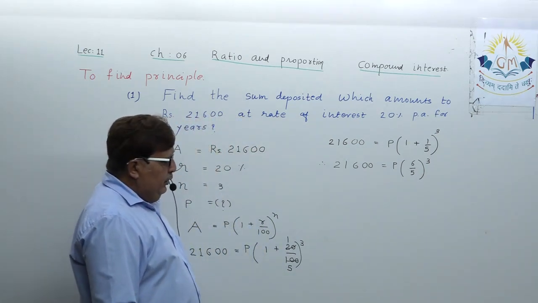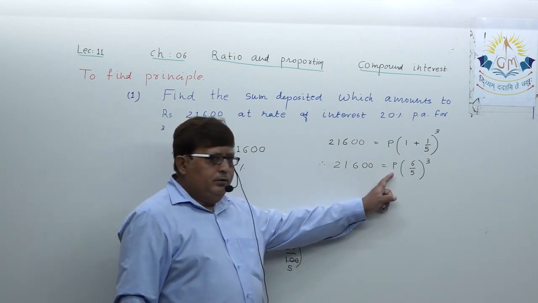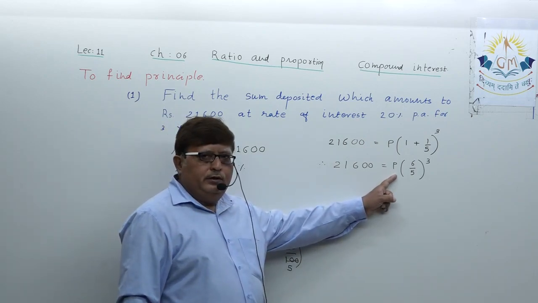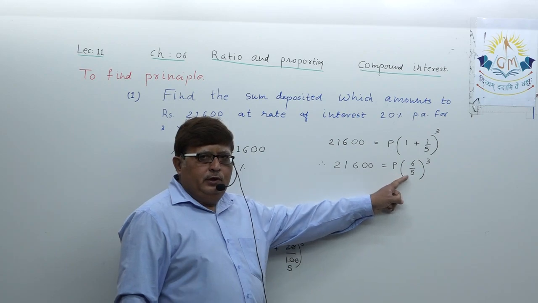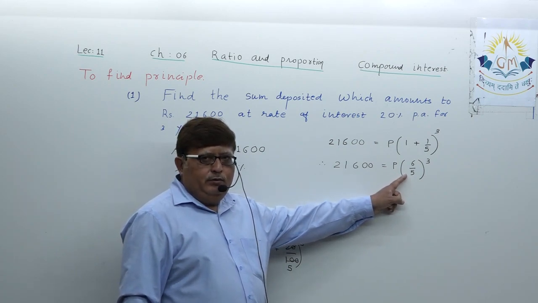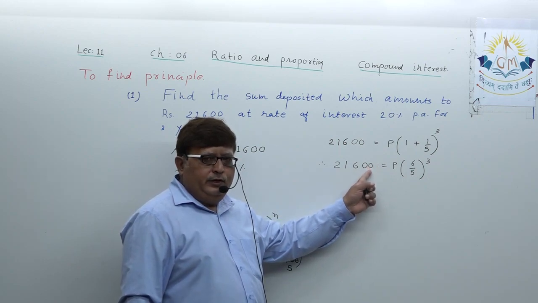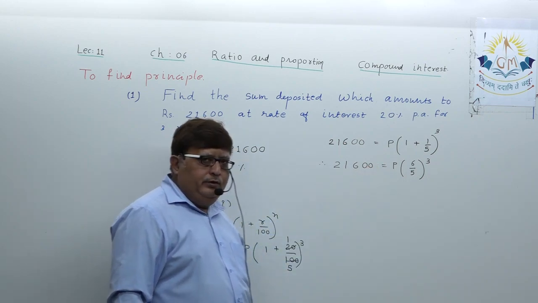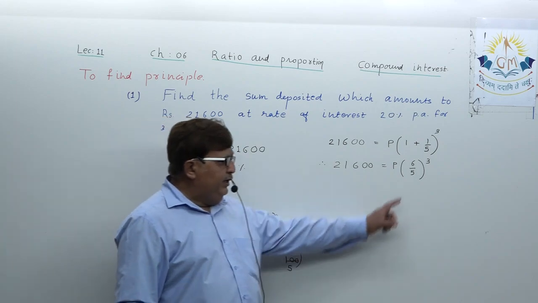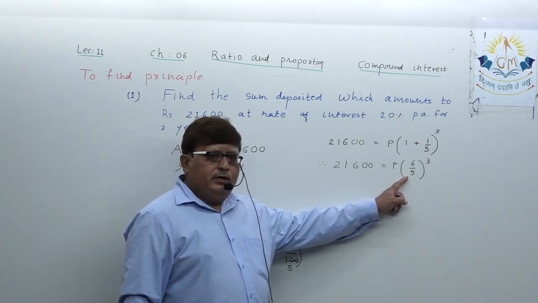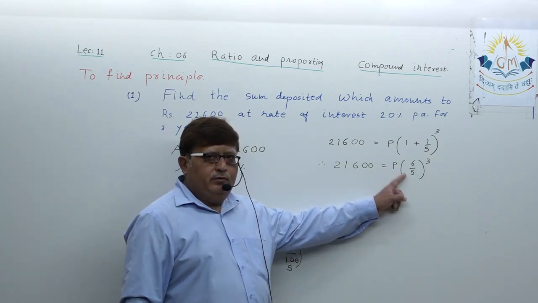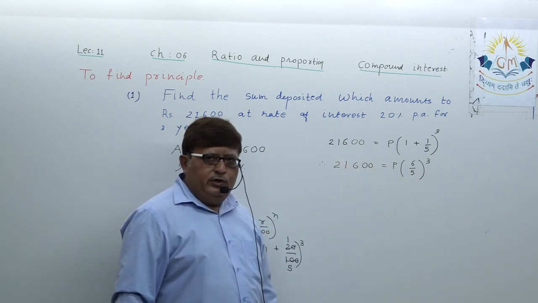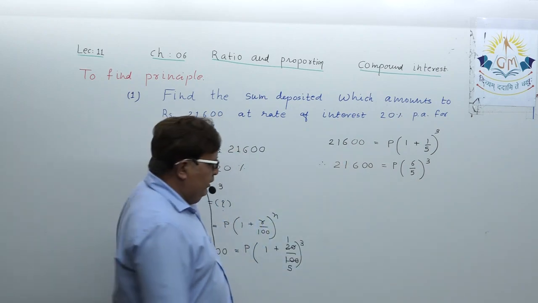Okay, now we are targeting the principal, so I have to transfer this fraction on left side. And you know, dear student, one thing very well, when you transfer any fraction to other side, it becomes inverse of that.